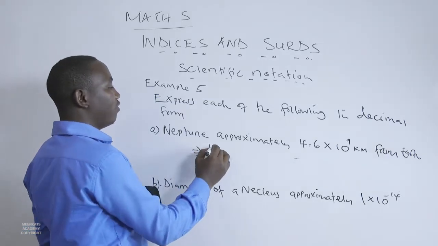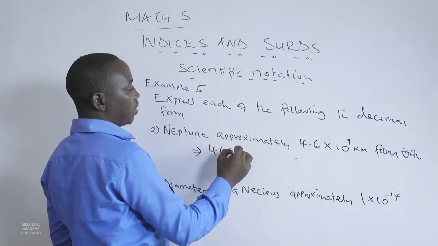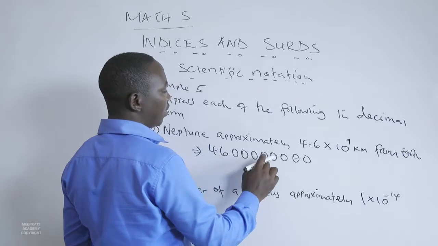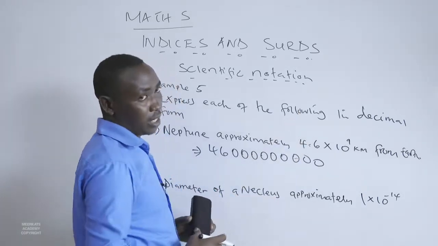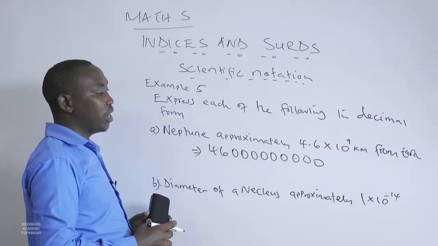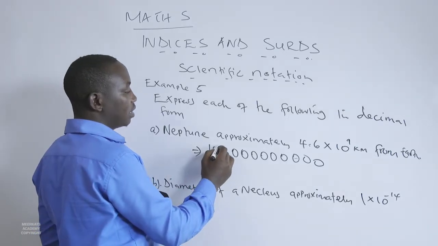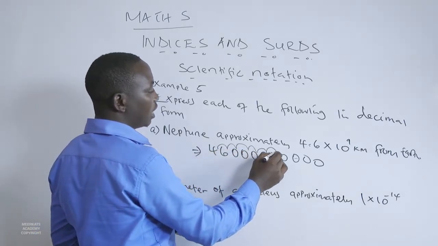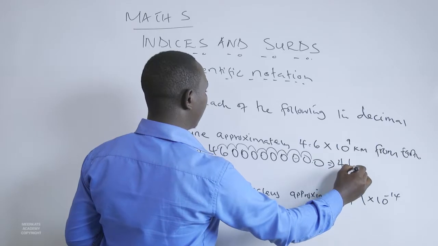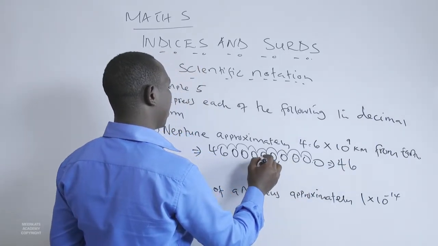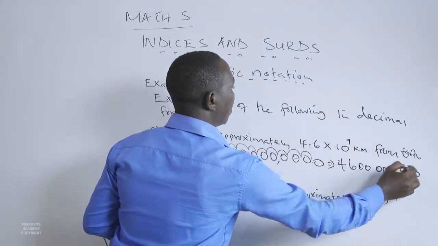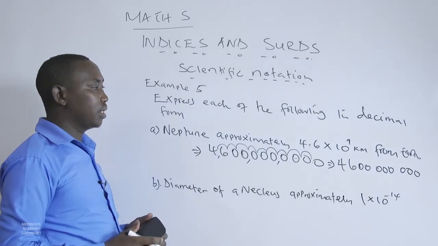So we are going to have 46, 0, 0, 0, 0, 0, 0, 0, 0, then we count from where the point was lying, 9 places: 1, 2, 3, 4, 5, 6, 7, 8, 9. So this means that the number was 4.6 billion kilometers.